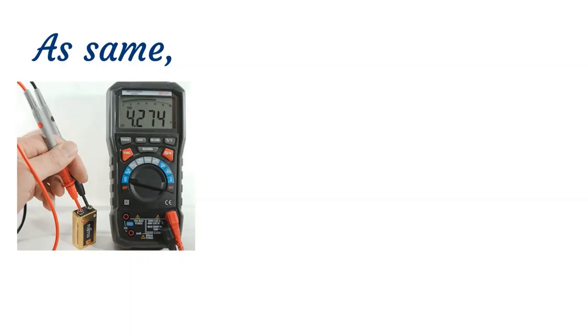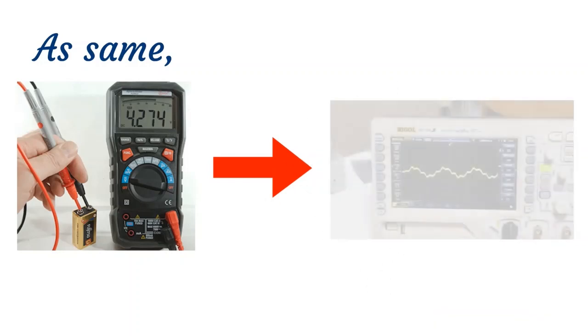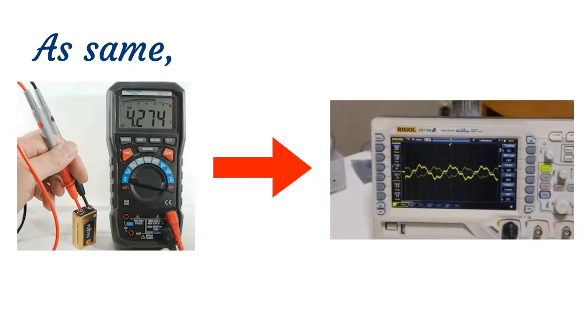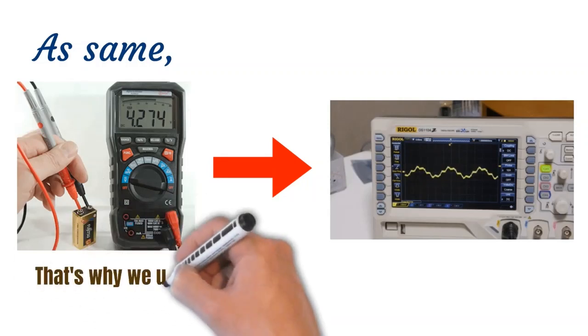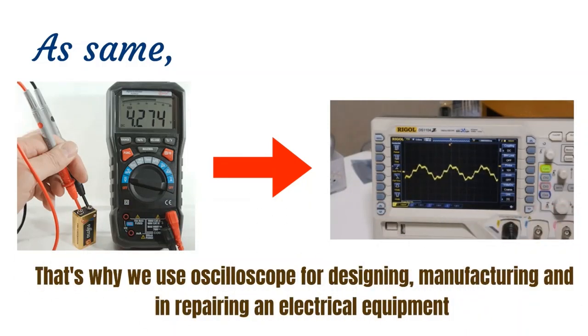But if we want to observe how the voltages and currents change with time, we should have more advanced equipment like an oscilloscope. So that is why we use oscilloscopes in designing, manufacturing, and repairing electrical equipment. Engineers use an oscilloscope to measure electrical phenomena and solve measurement challenges quickly and accurately to verify their designs.